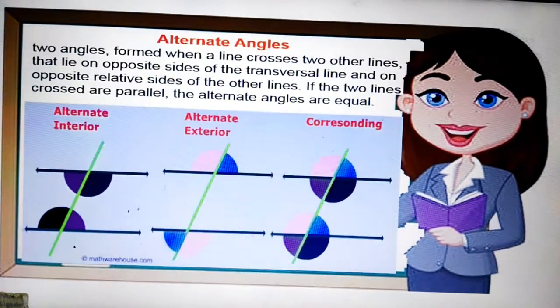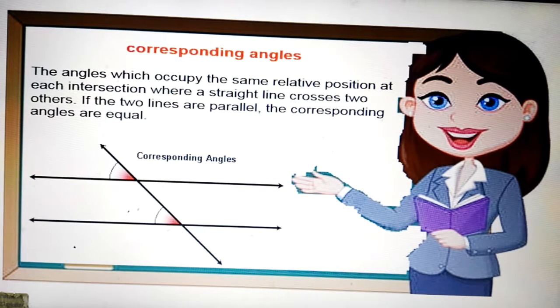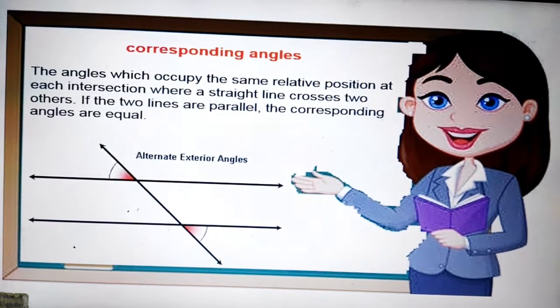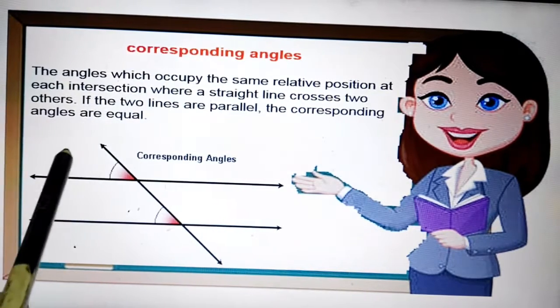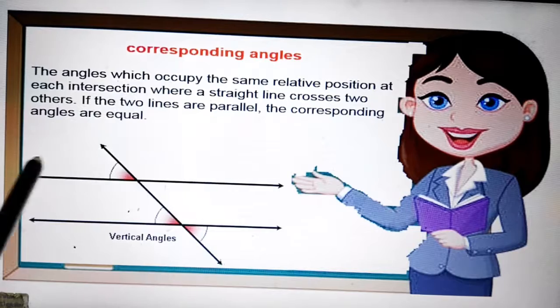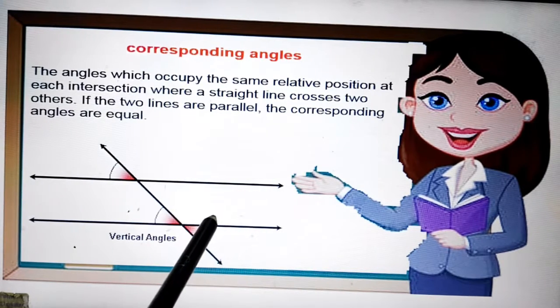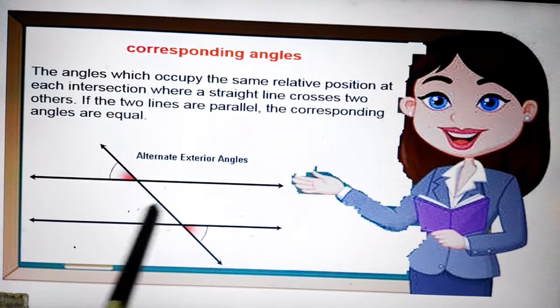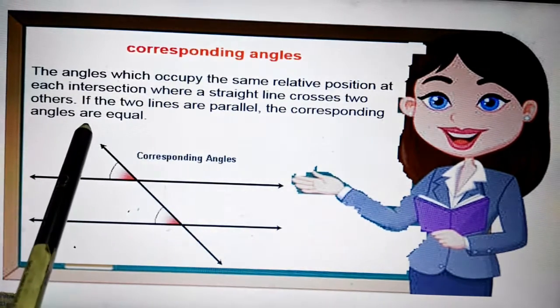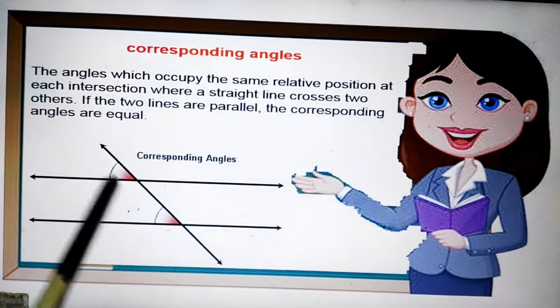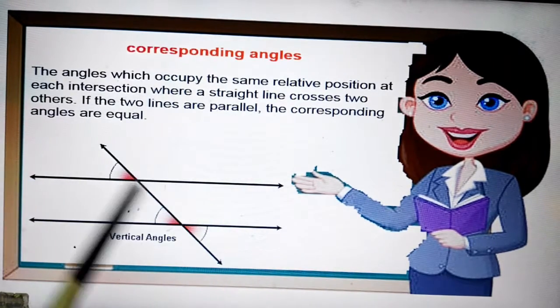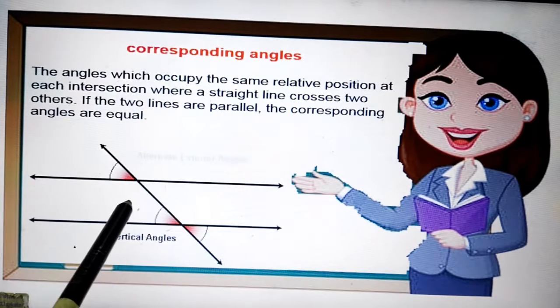Corresponding angles. The angles which occupy the same relative position at each intersection where a straight line crosses two others. If the two lines are parallel, the corresponding angles are equal. Here you can see that there are two parallel lines, and these two parallel lines are cut by this line, and by intersection we have angles.